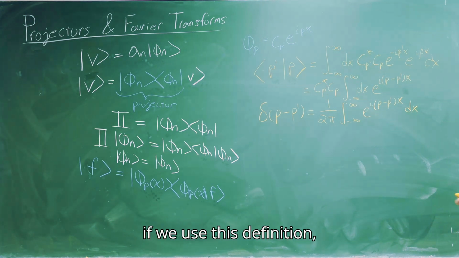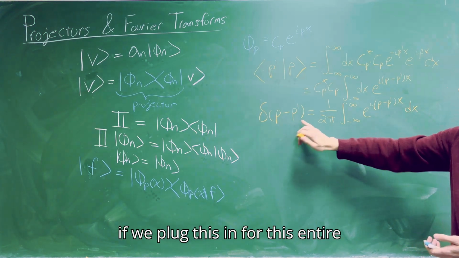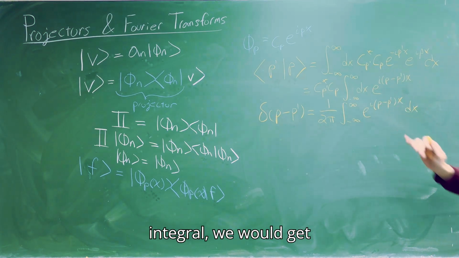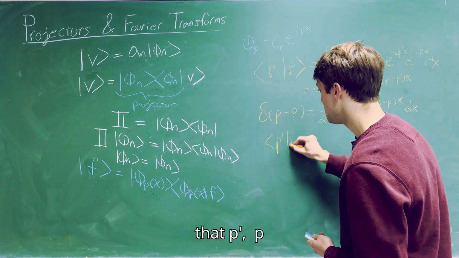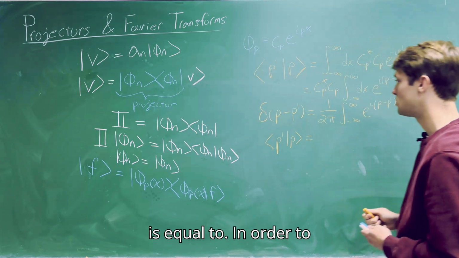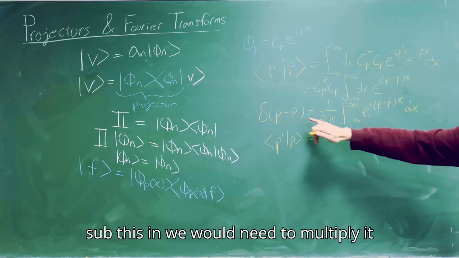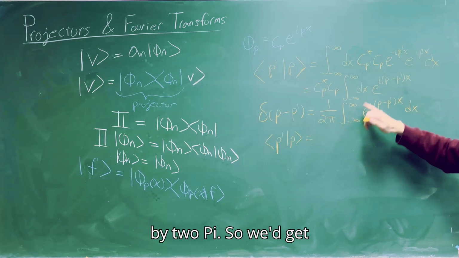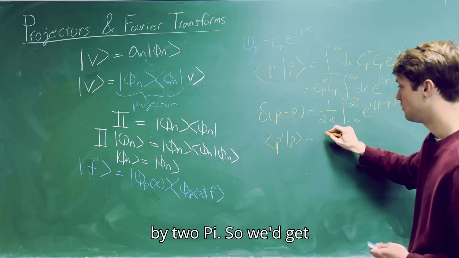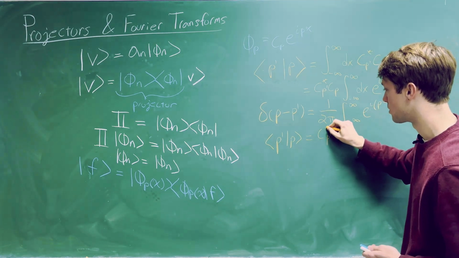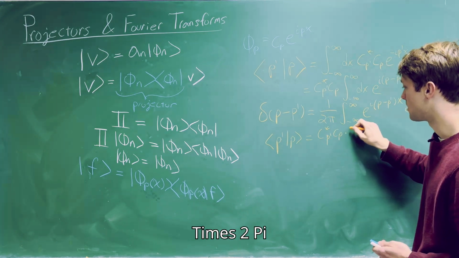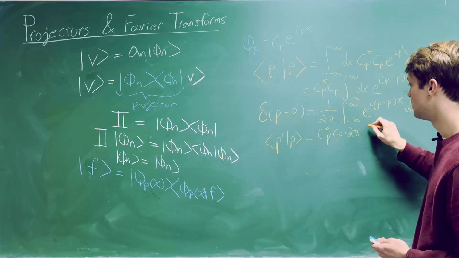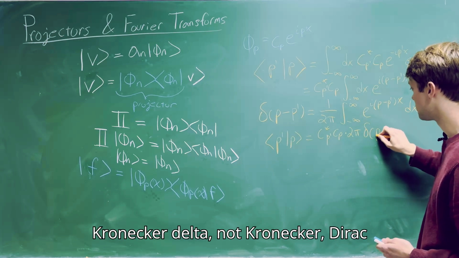So if we plug this definition in for this entire integral, we would get that p prime p is equal to, in order to substitute this in, we would need to multiply it by 2 pi. So we'd get Cp prime star Cp times 2 pi Kronecker delta.